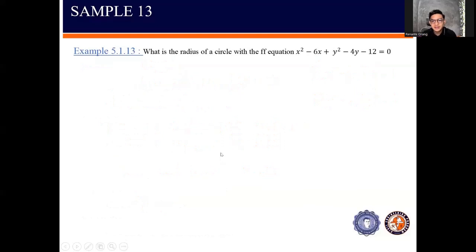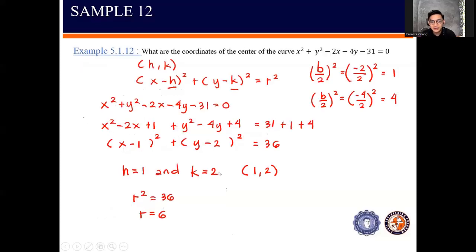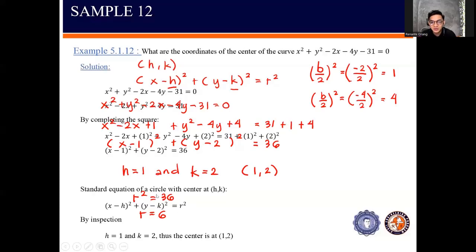In our next example, what is the radius? That's what we are looking for. The process is the same as earlier. I also showed earlier how to get the radius. So we have the equation of our circle, x squared minus 6x plus y squared minus 4y minus 12 is equivalent to 0.